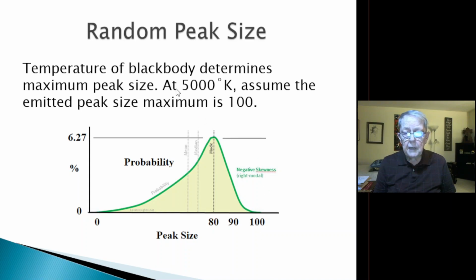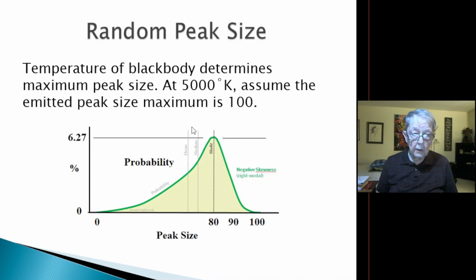Now, the temperature of a black body determines the maximum peak size. At 5,000 degrees Kelvin, assume that the peak size maximum is 100. That's the maximum. And I'm assuming that coming out of that small hole, there'll be one point where there's a maximum number of that. That's only 6.27% for this curve.